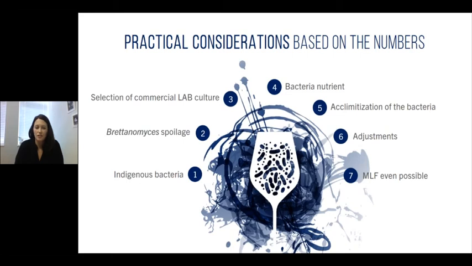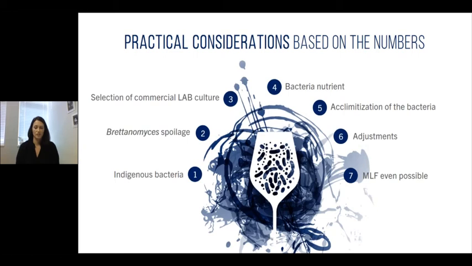Especially the pH will give you a very good indication of the kind of bacteria that will be present, the kind of spoilage bacteria that could potentially be present. Of course, when you know what parameters you are working in, you can actually select bacteria cultures that are able to manage those parameters.